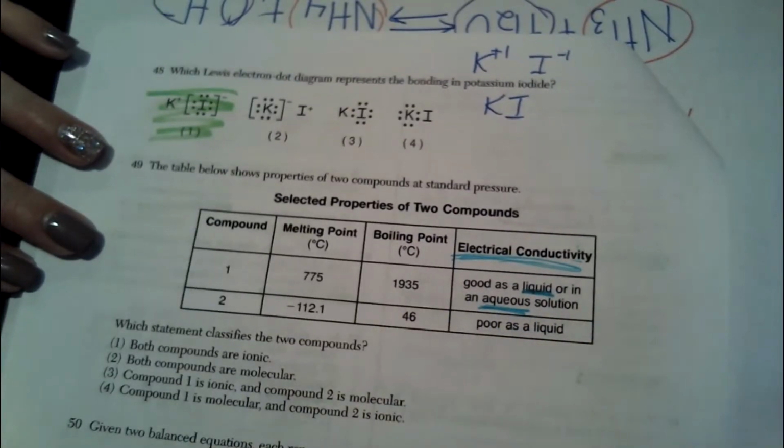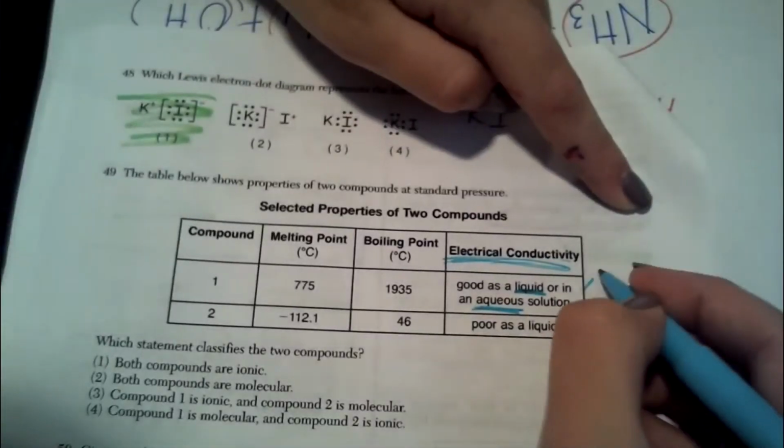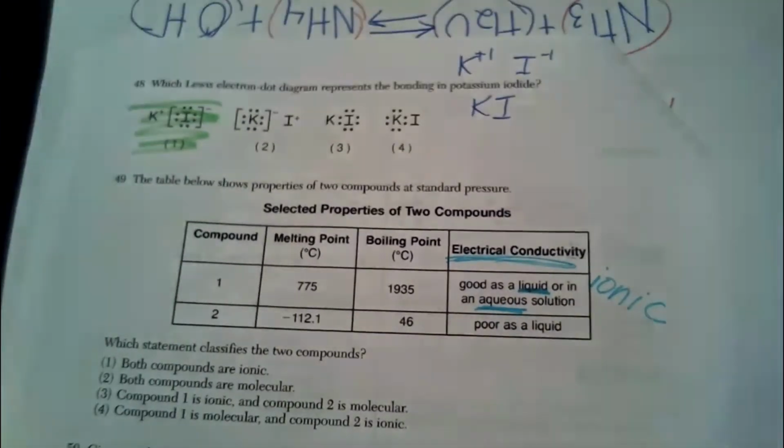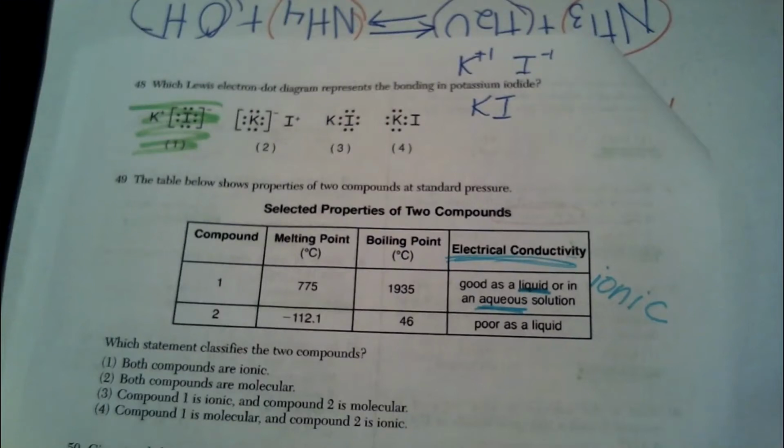This should shout to you ionic. And the next thing we have is a super low melting point, and a not too high boiling point, which means it's probably going to be a liquid at room temperature and very easy to boil.